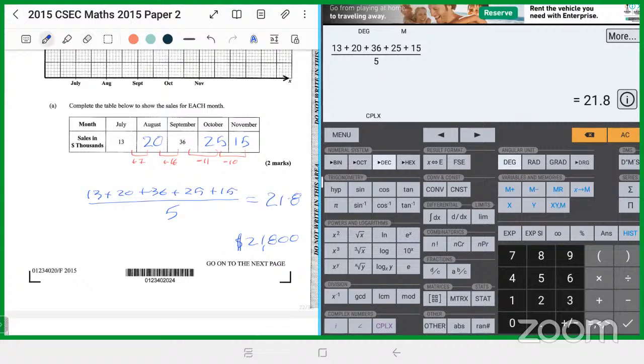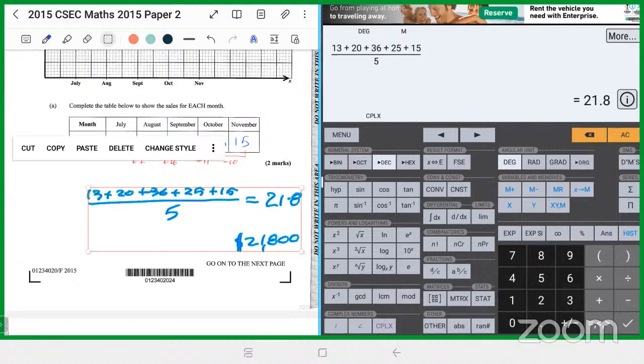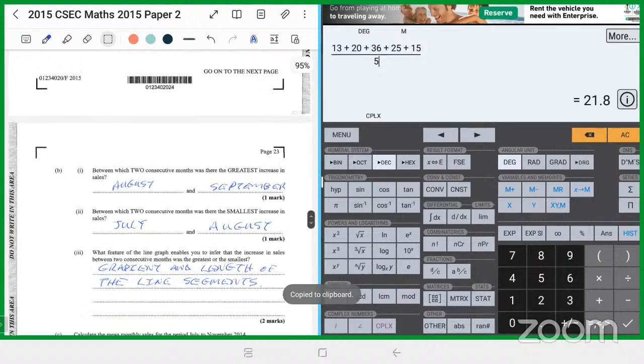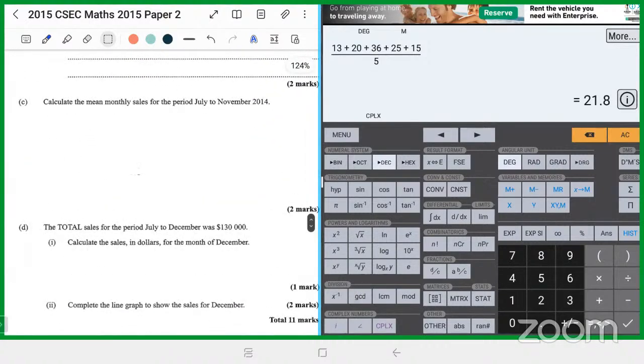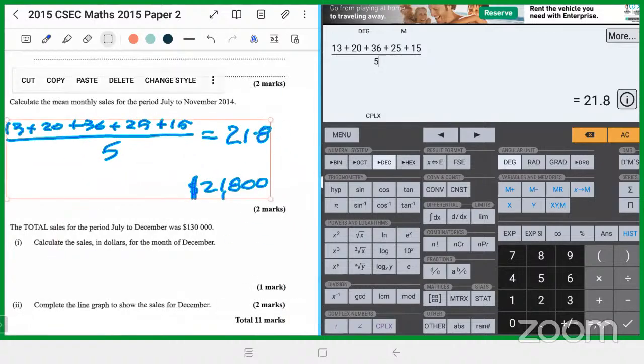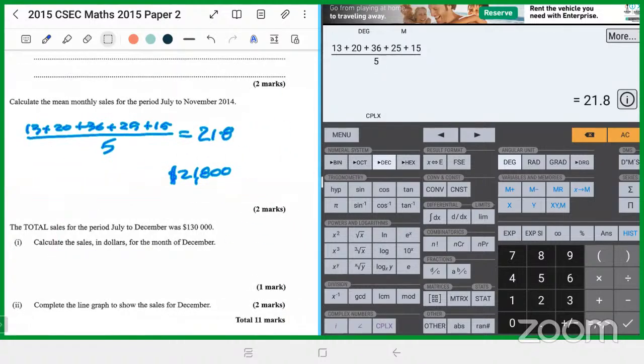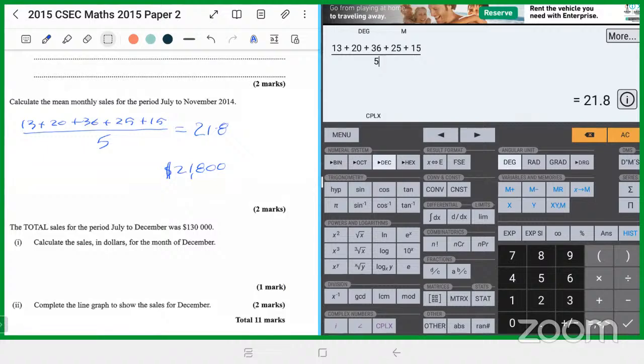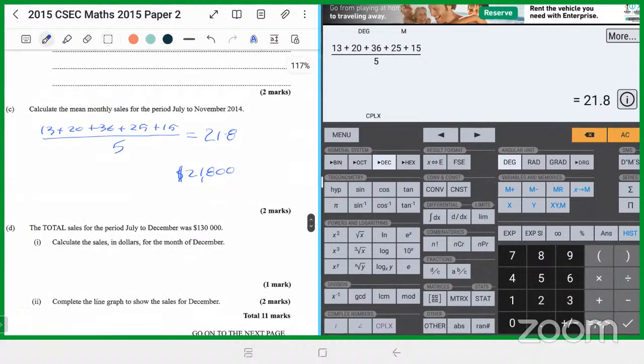Right? So let's copy this down now. I'm going to cut and paste it down right inside. That's it. All right. The mean monthly sale is 21,800. The average.